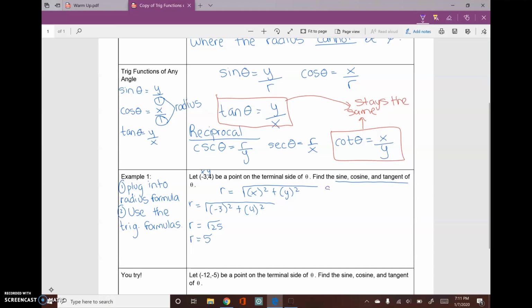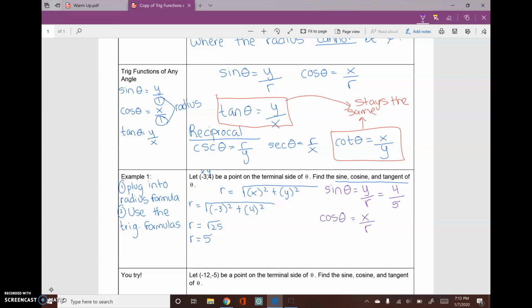Starting with sine of theta, we have y over r. My y is 4 from the earlier point, and my radius, my r, is 5. Bam, you're done. Then you go to cosine.